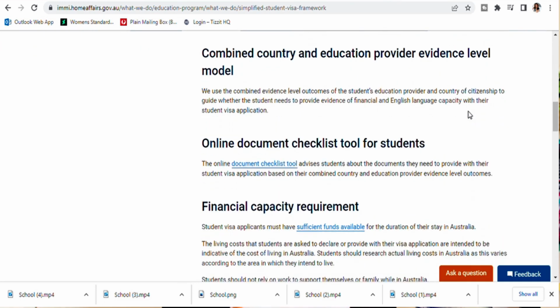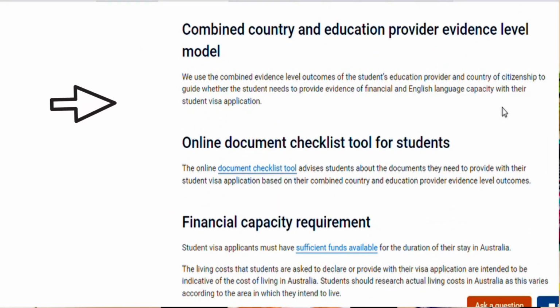Evidence level refers to the amount of evidence that will be required from a prospective student visa applicant. For instance, if a student visa applicant is coming from an evidence level 1 country, it just means that they will not be required to demonstrate that they meet certain requirements. In this case, the proof of financial capacity and the English language proficiency requirements by providing documentary evidence.